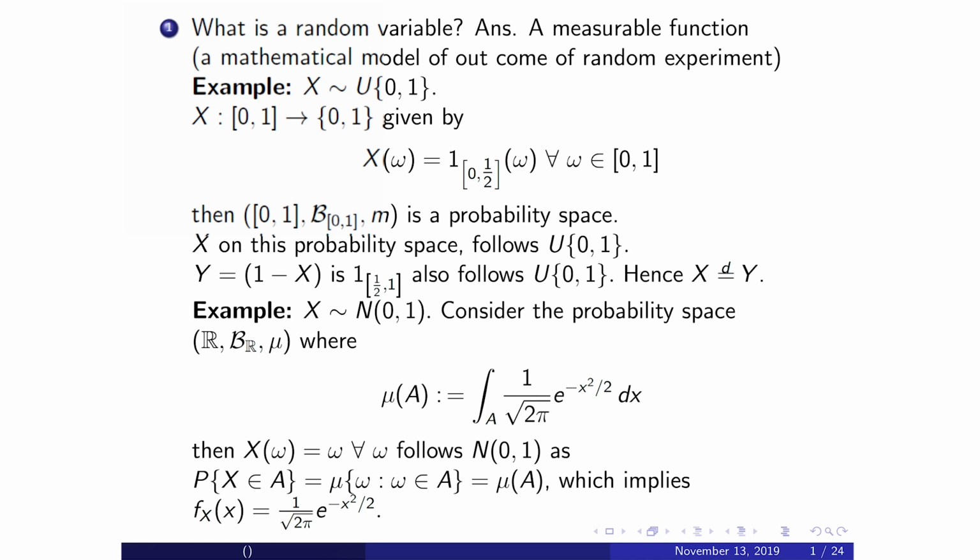What is this U denoting? U denotes uniform. So here X is a random variable which follows the uniform distribution on the binary set {0,1}. That means it has equal probabilities at point 0 and point 1, or in other words, X is a random variable which takes value 0 with probability half and 1 with probability half. Okay, so this is a distributional description of a random variable.